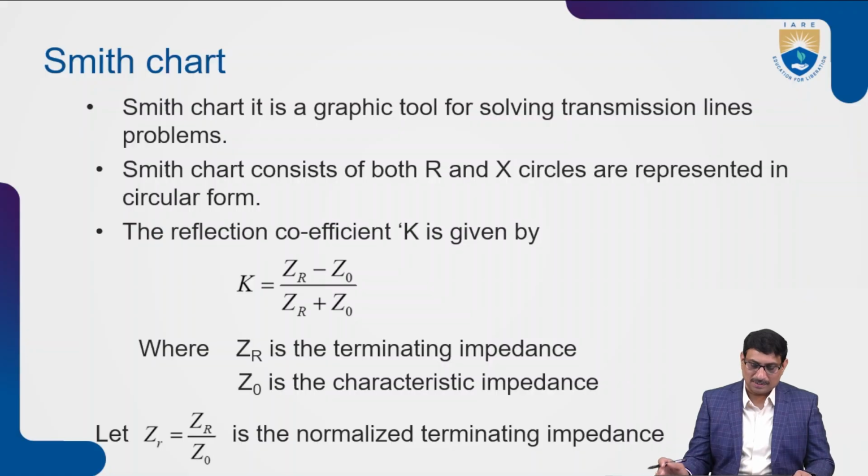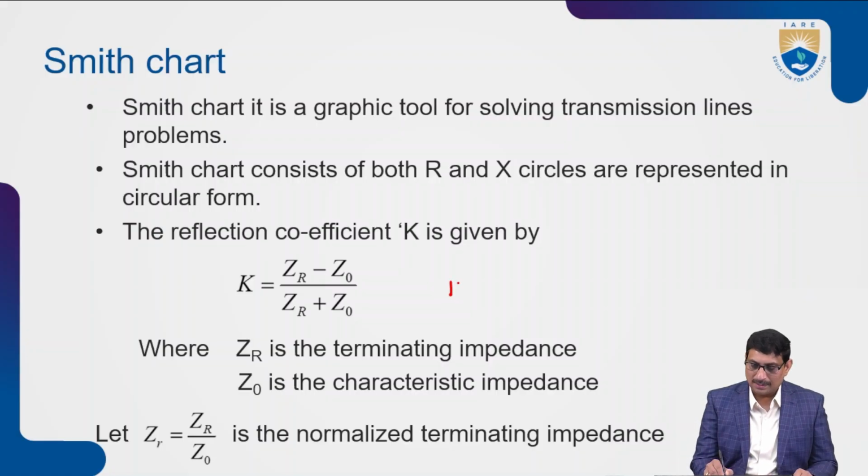The reflection coefficient is a complex constant, a vector quantity which has both magnitude and direction. Now I will divide both numerator and denominator by Z0. Then K becomes ZR by Z0 minus 1 divided by ZR by Z0 plus 1.